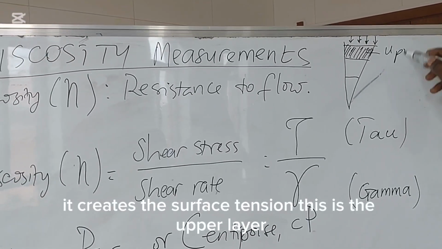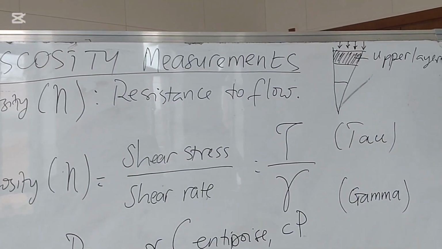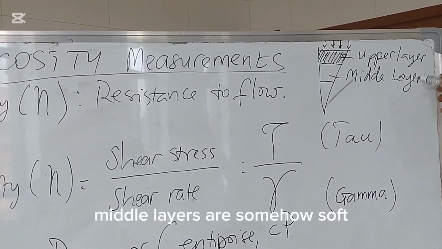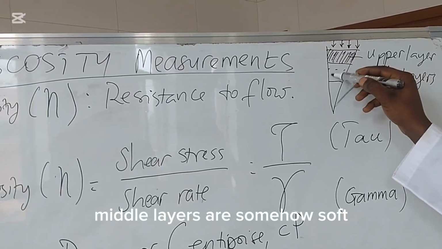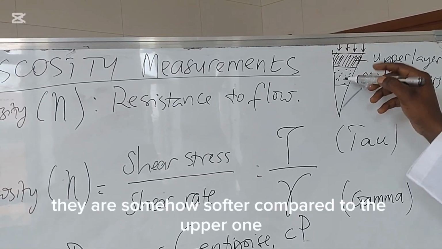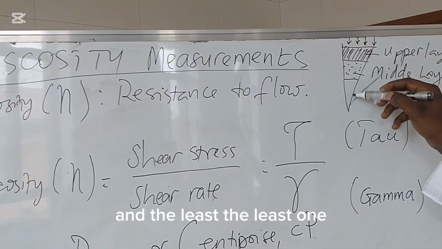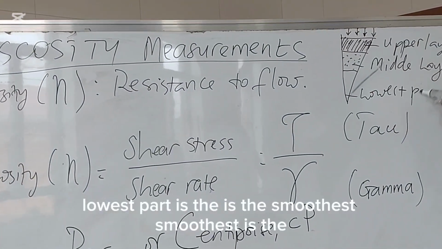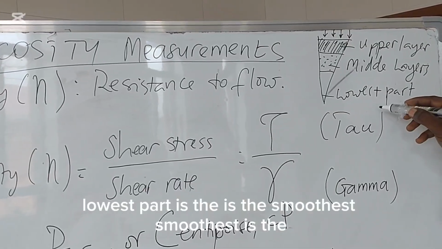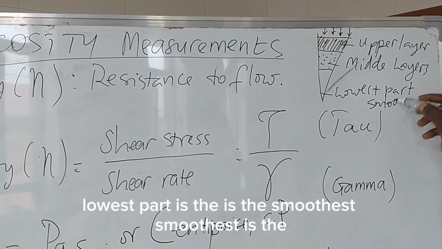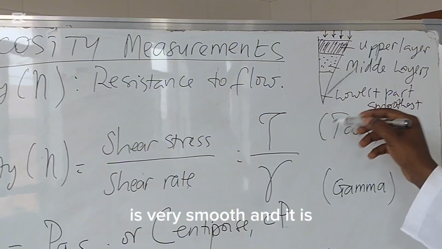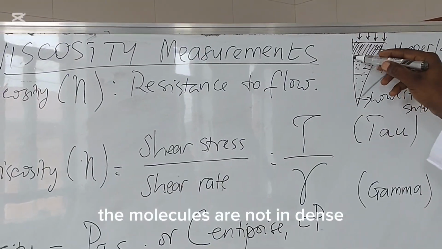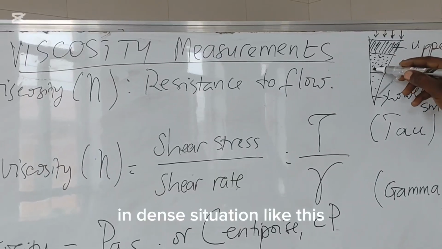This is the upper layer, whereas the middle layers are somehow softer compared to the upper one. And the lowest part is the smoothest. It's very smooth, and the molecules are not in a dense situation like this.